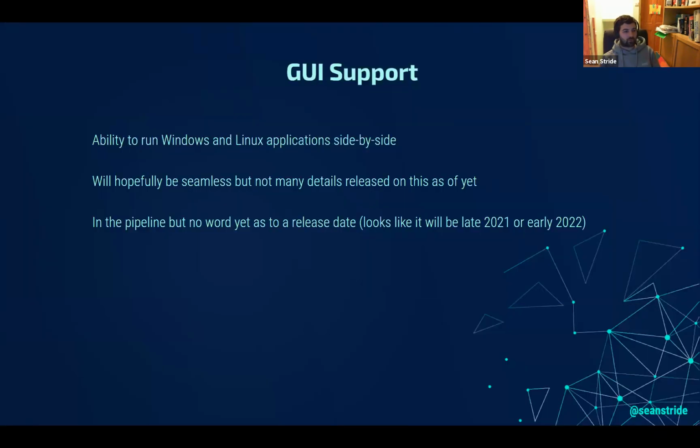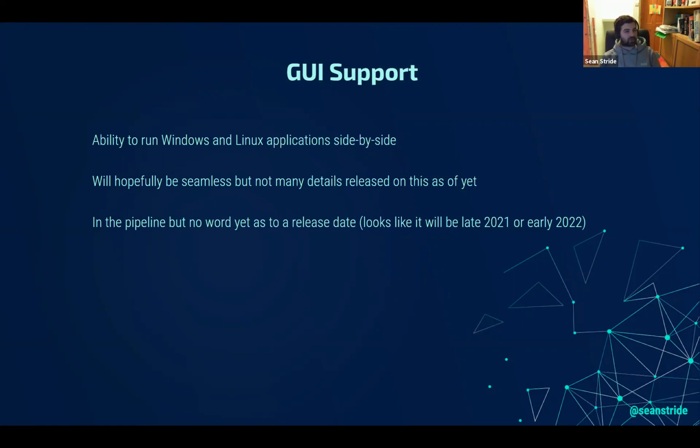And then something else that I'm assuming is quite a well-requested feature, and that's GUI support. The support for this is further down the line. I don't think this is something that will come in the H1 Windows 10 update, but this will give you the ability to actually run Linux UI applications, which isn't something that's currently supported by WSL.